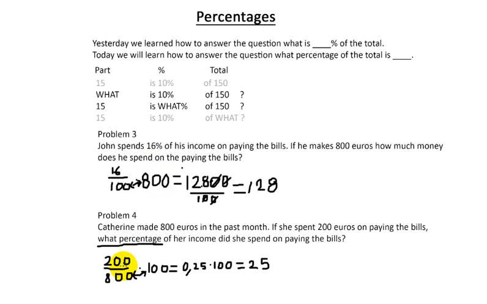In the second problem, where I'm looking for the percentage, I divide by 800 and I multiply by 100, which is the reverse of what I did in the first problem. I divide by the total, multiply by 100. So you can try and keep that in mind if that helps to remember that at all.